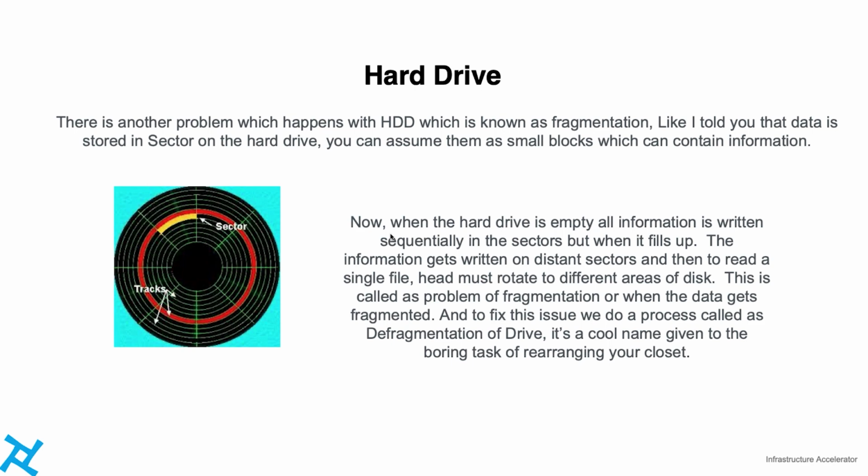When the data gets fragmented between different sectors and different disks and different places, this slows down the computer, because the head has to go to multiple locations just to retrieve a single file. It's not that the file gets corrupted or there is a problem with this approach, but the physical work required to do this job is way too much. And to fix this problem, what we do sometimes is a process called defragmentation.